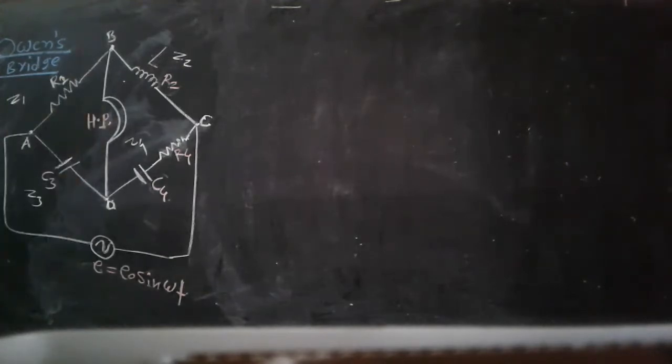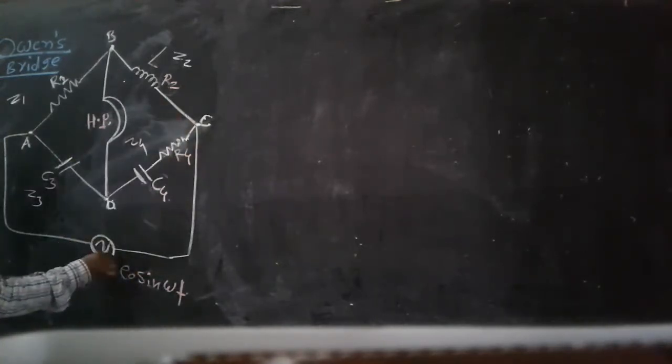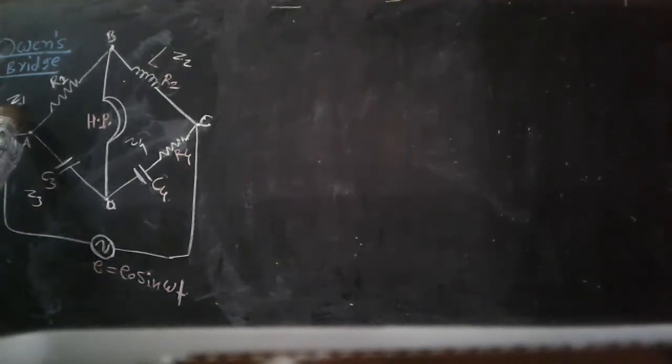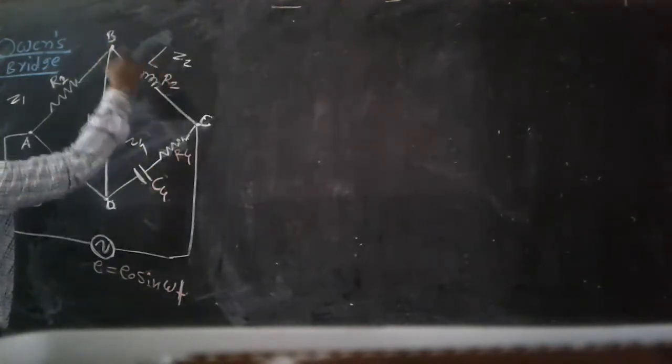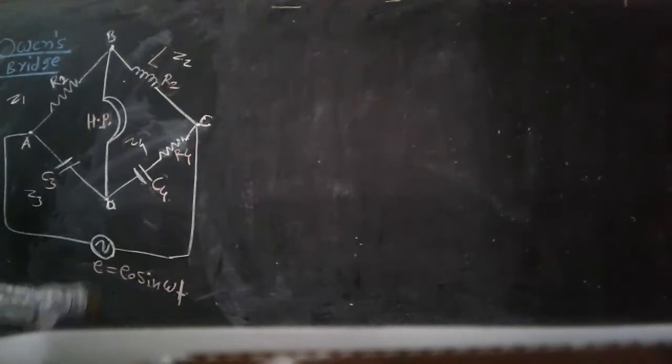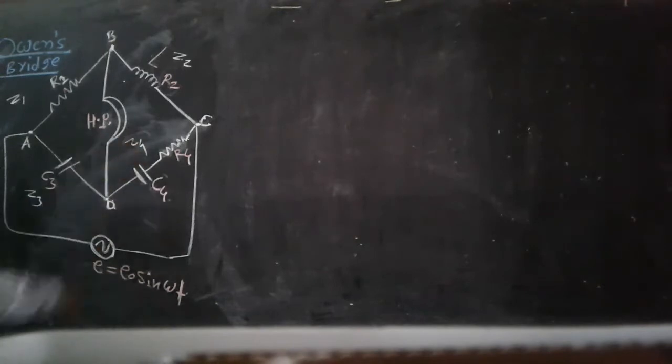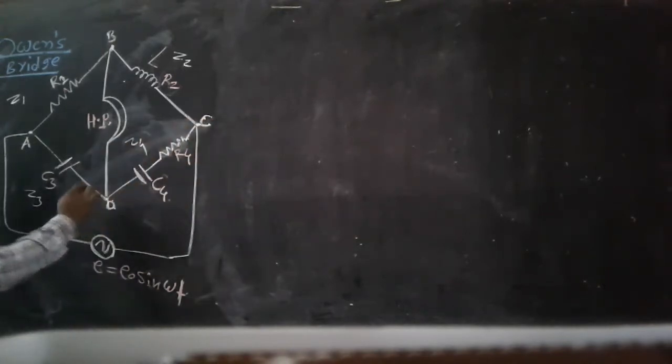HP means head phone, and between the points A and C, a source of alternating EMF is connected, E0 sin omega t. Now let Z1 be the impedance of the arm AB, Z2 the impedance of the arm BC, Z3 the impedance of the arm AD, and Z4 the impedance of the arm CD.